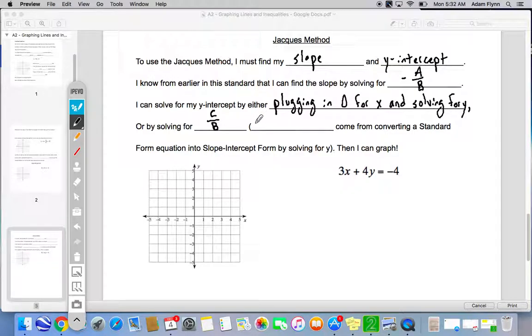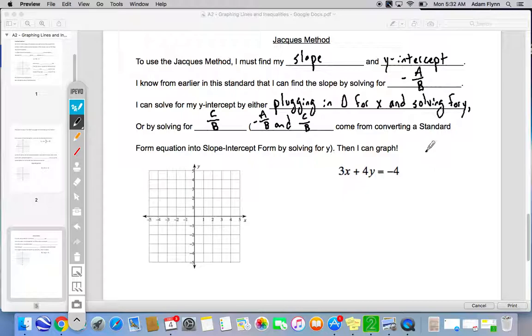Okay, so just to make things clear, negative a over b and c over b are not just random fractions we're pulling out of the air. They come from converting a standard form equation into slope-intercept form by solving for y.